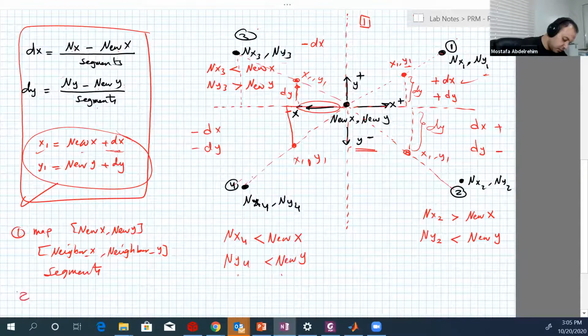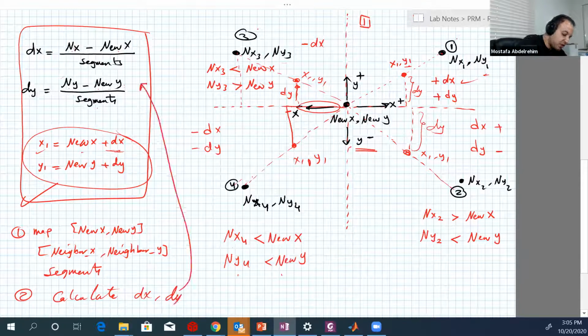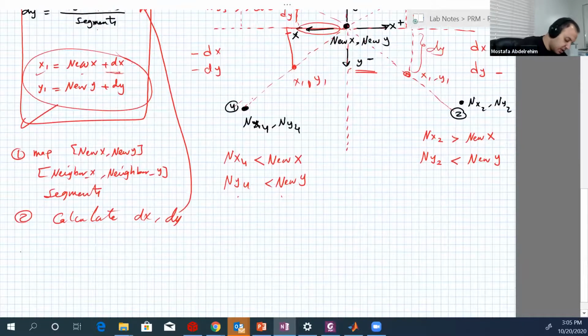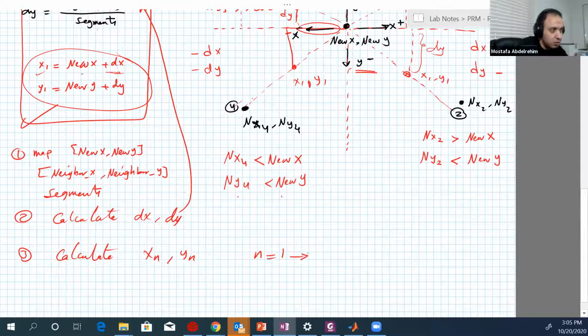Then you calculate dx and dy using these two equations. Then you calculate, let's call them xn and yn, where n is from 1 to number of segments minus 1.